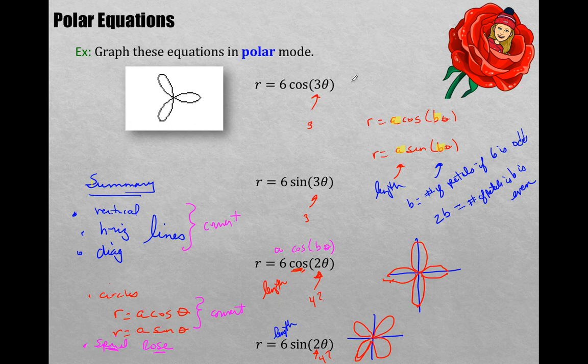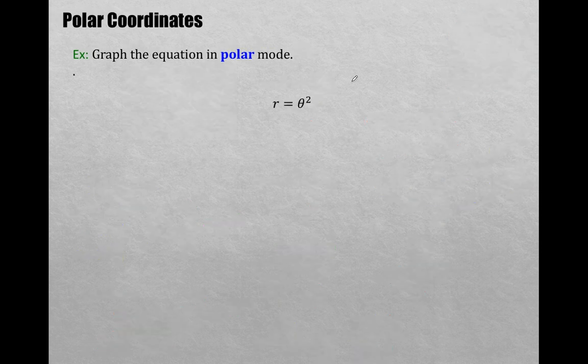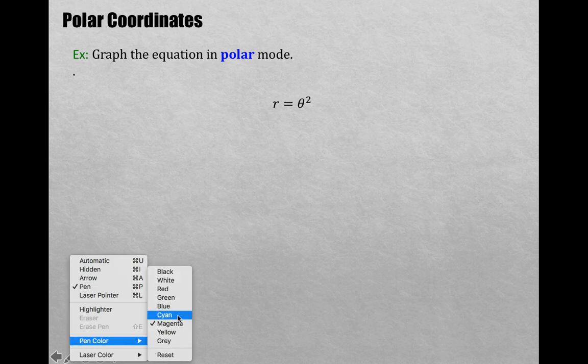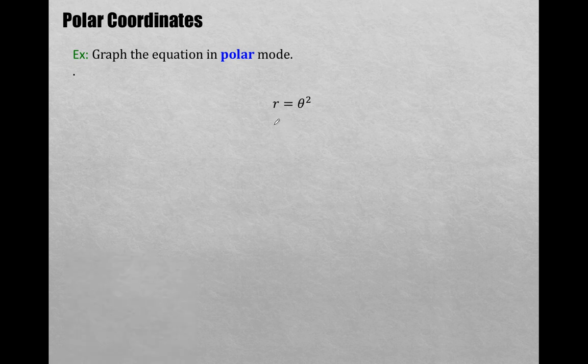Okay? So before we go, look at this one. What do you think this is? This is, right? If you just have r and no cosine and no sine, but you have theta, could you identify it? That's our spiral. Remember, we had that before.